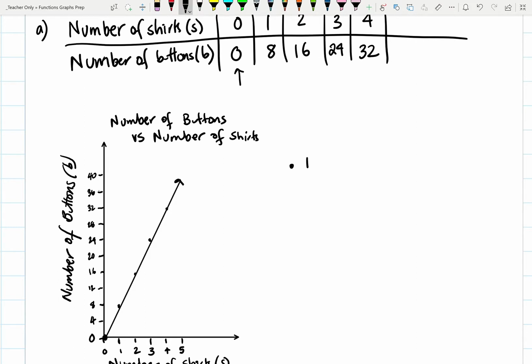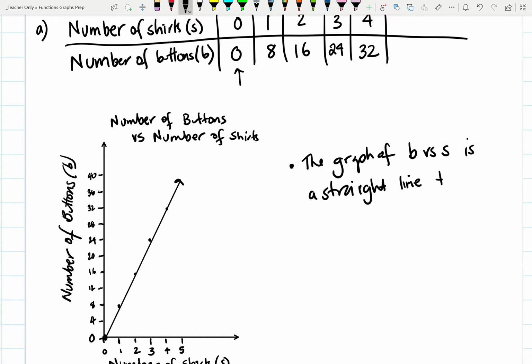So the graph of the number of buttons versus the number of shirts is a straight line through 0, 0, that's enough evidence.